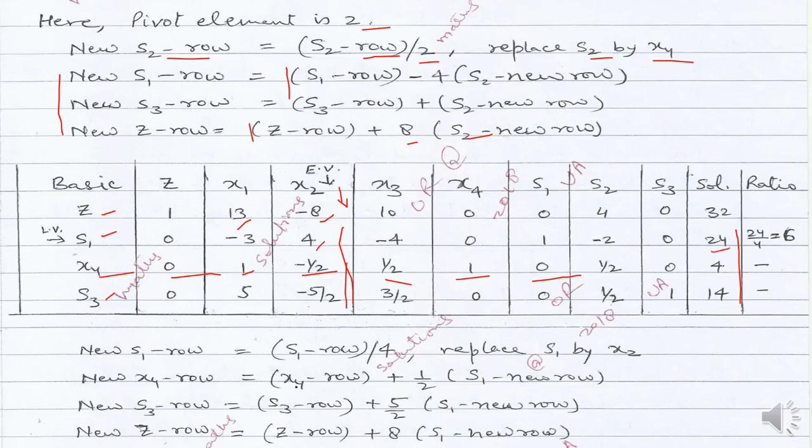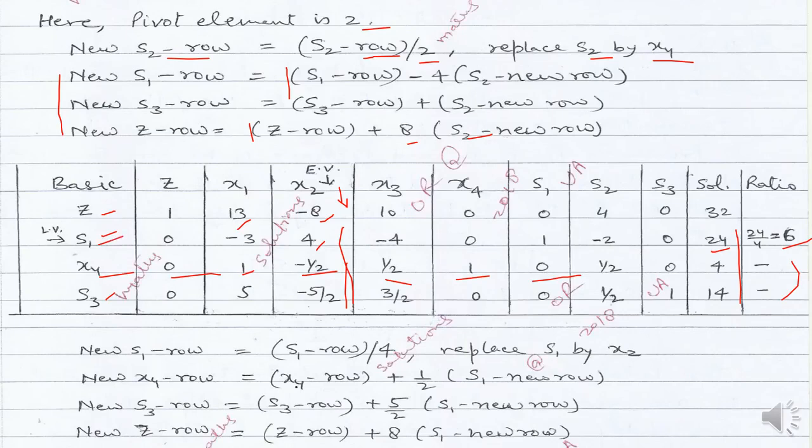So here 24 upon 4, this 4 of pivot column, we get 6 ratio value, and next two values minus half and minus 5 by 2 will give us negative values, so we will ignore them.